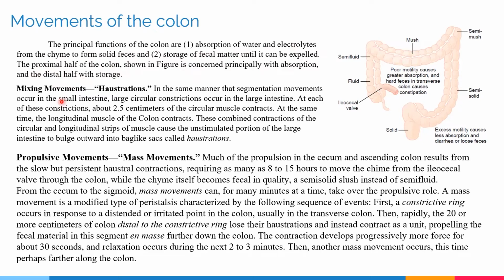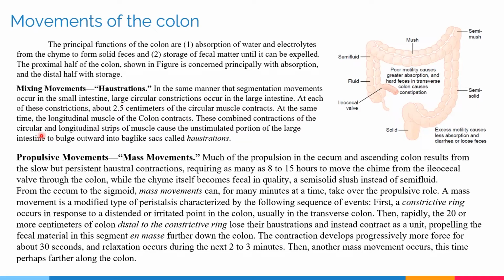First, we look into the mixing movements that occur in the colon, which are known as haustrations. In the same manner that segmentation movements occur in the small intestine, large circular constrictions occur in the large intestine. At each of these constrictions, about 2.5 centimeters of the circular muscle contracts.